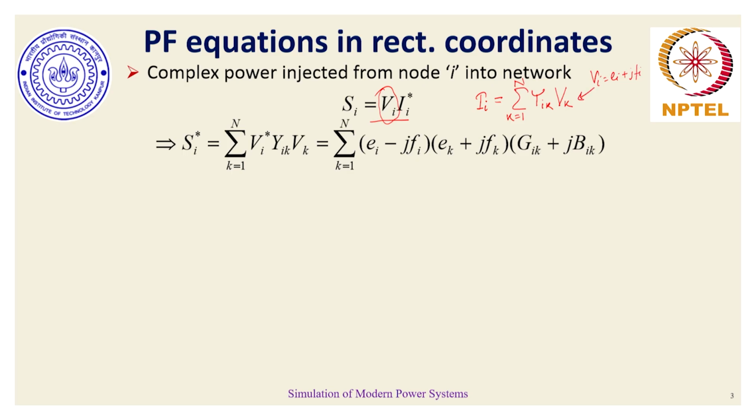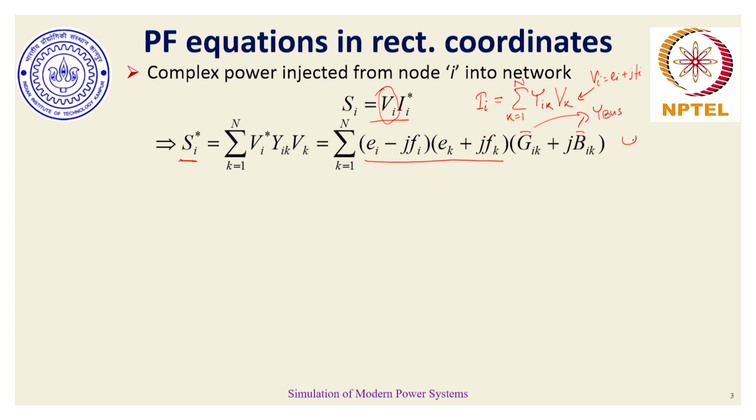If we apply the same notion to all voltage phasors and substitute the corresponding terms, then the conjugate of complex power injection gets rewritten in the form of E's and F's, and capital G and capital B are the real and imaginary parts of the bus admittance matrix.